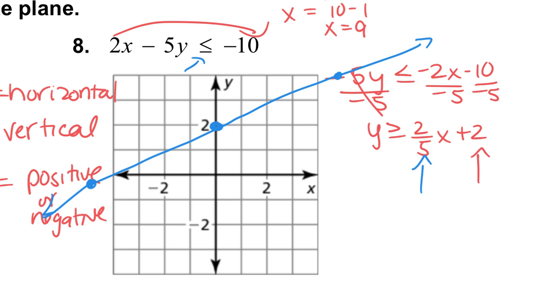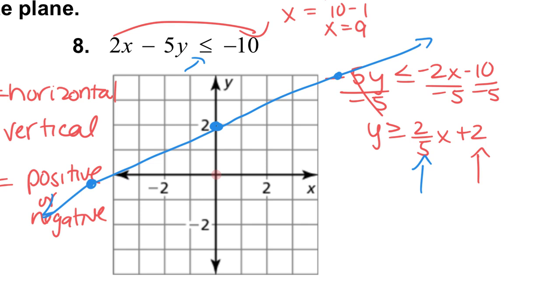So now I'm going to use which test point? Remember the rules. 1, graph, determine if it's dashed or solid. 2 is to use a test point. I'm going to use the test point 0, 0.